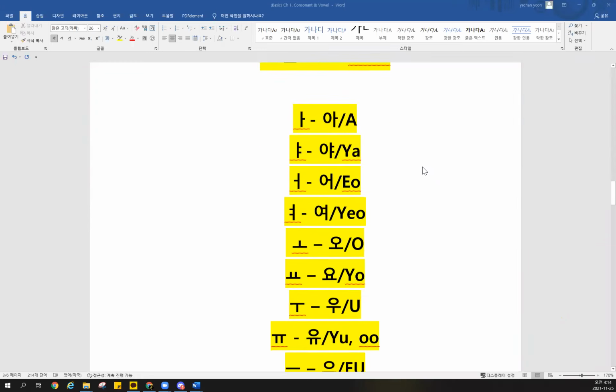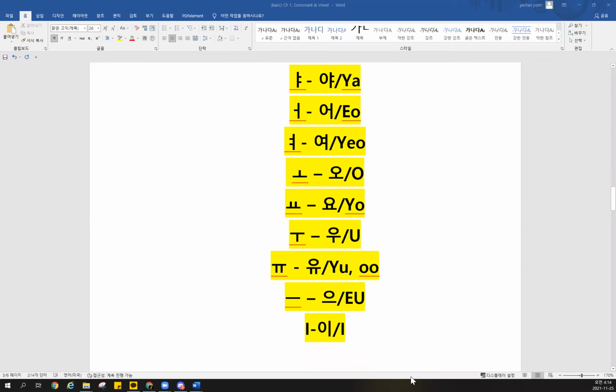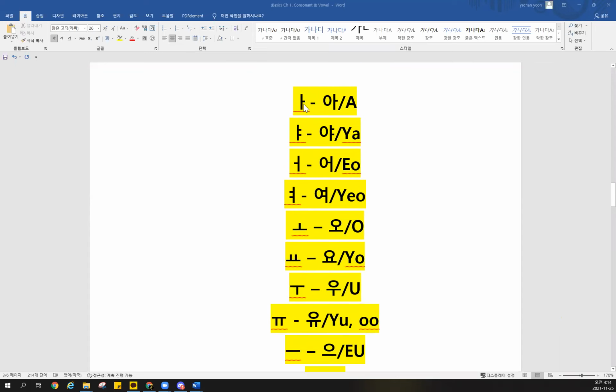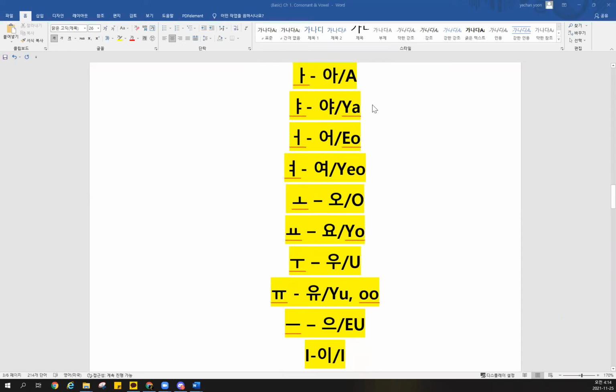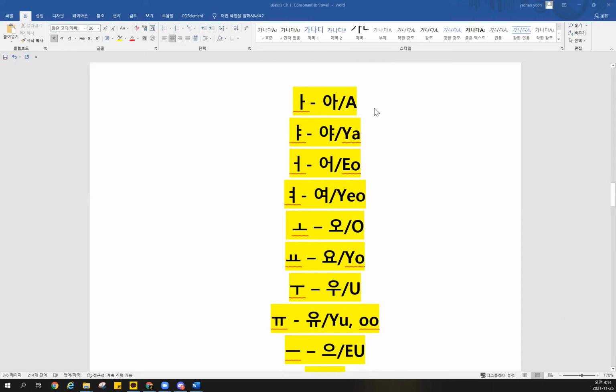So we have this kind of single vowel here. I will just read slowly, and please remember and memorize it. Okay, first one, ah. Next one, ya. O. Yo.